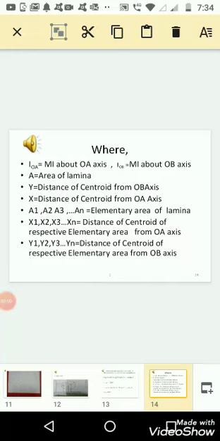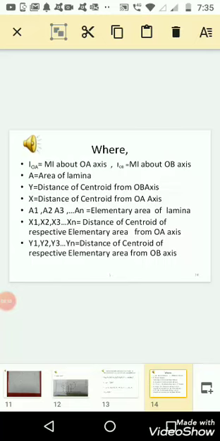A1, A2, A3 till AN are elementary areas of the lamina, small elementary areas. When we add all these areas, we get the total area of the lamina, that is A. So A1 plus A2 plus A3 and so on till AN gives the complete area. X1, X2, X3 and so on till Xn is the distance of the centroid of the respective elementary area from the OA axis.